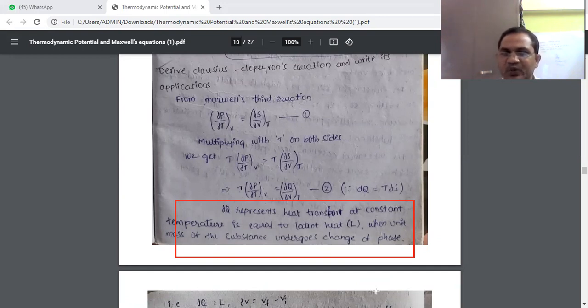Here in ∂Q by ∂V at constant T, the temperature is constant. Here ∂Q represents heat transfer at constant temperature. The heat transfer at constant temperature is nothing but latent heat.